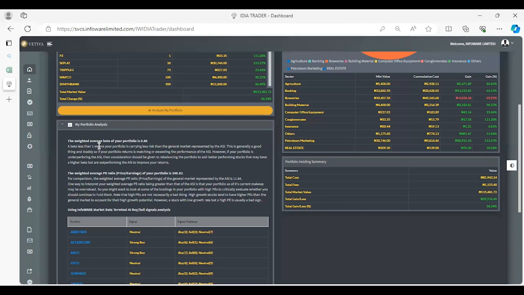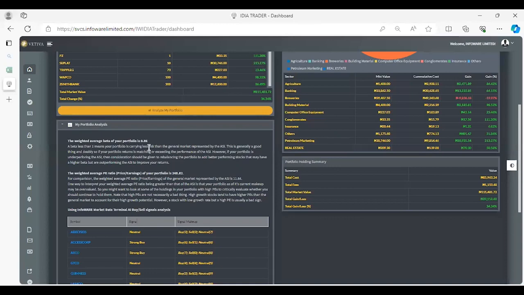So what it is saying in essence is that you have a beta of less than 1, which means your portfolio is carrying less risk than the general market, represented by the ASI, which is the All Share Index. It's telling you that this is a good thing, and you probably exceeded the performance. So it explains to you what a beta means.